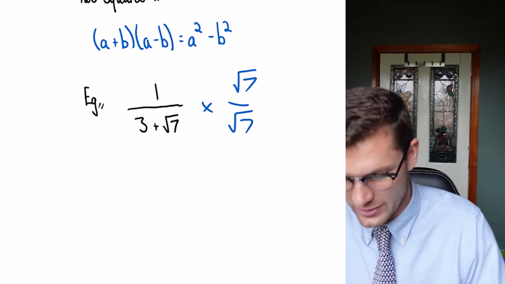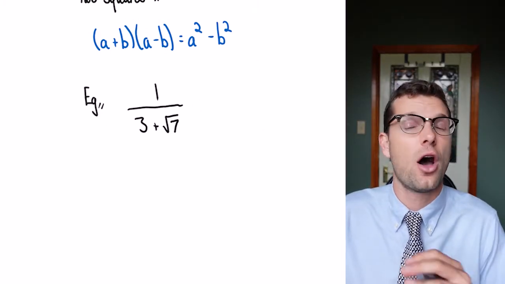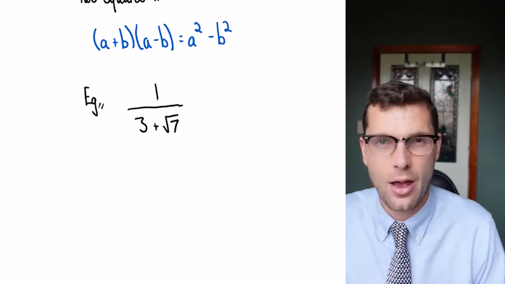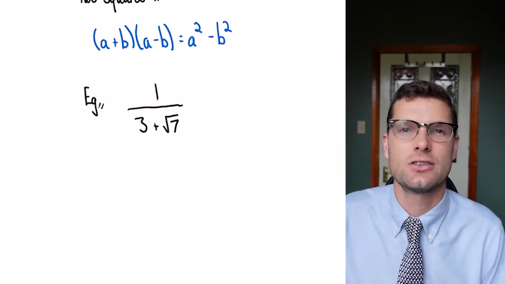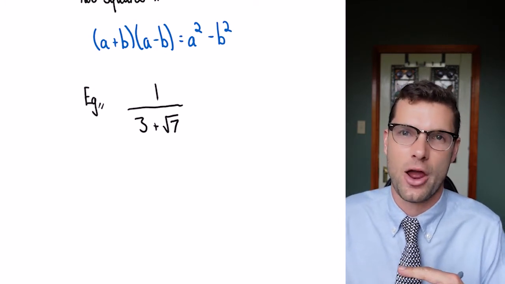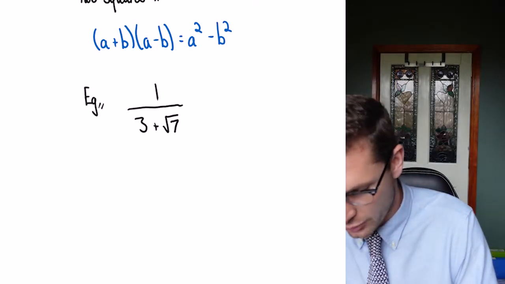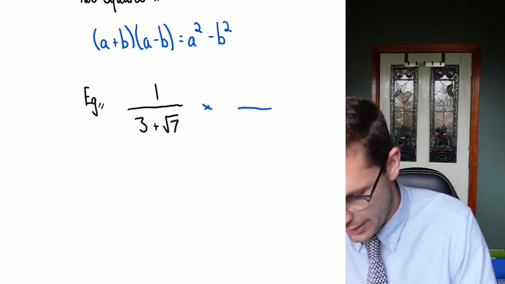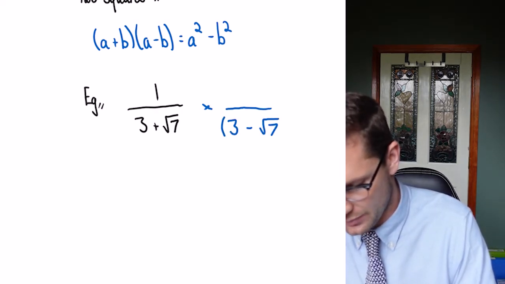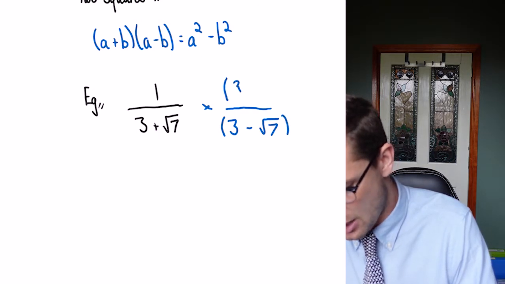So what we've got to do instead is multiply the whole bottom and top, not by itself, but by its conjugate. So what that means is exactly the same, but instead of a plus, we got a minus. So we're going to multiply this whole fraction by 3 minus root 7 on the top and on the bottom.